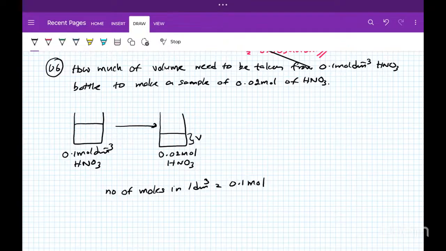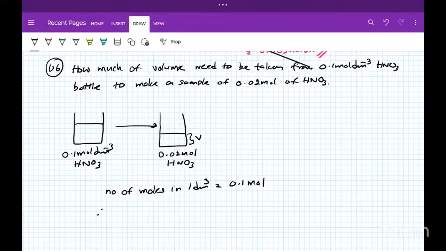So we can say number of moles in 1 cubic centimeter, we can make it like that too. Let's try without this, it gets confusing. Number of moles in 1 cubic decimeter, this is 0.1 moles, right?